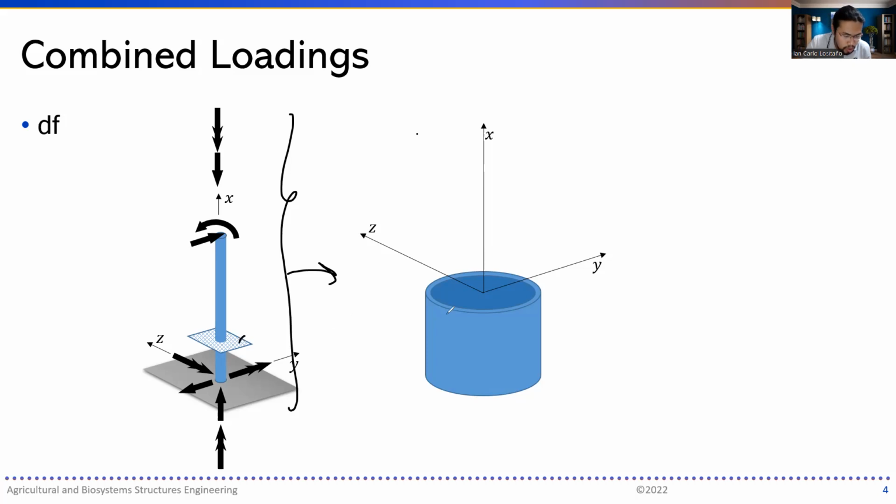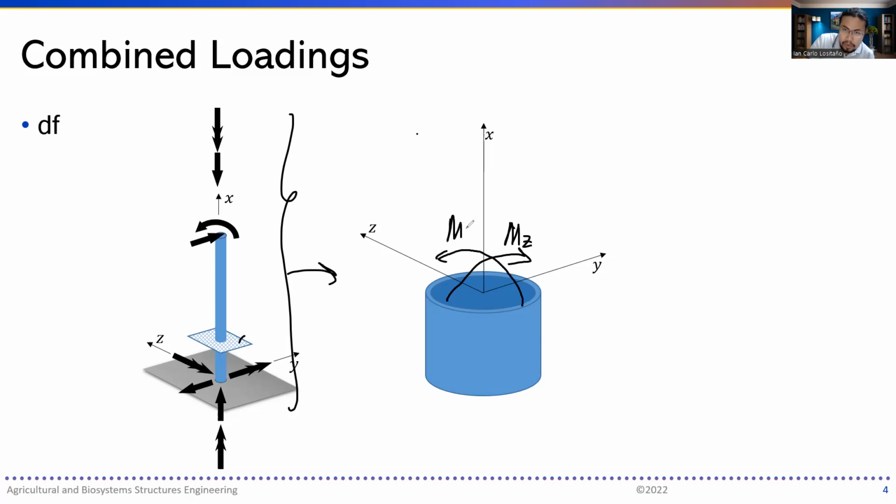So we have here the Cartesian coordinate XYZ system. And we have the tendency for the body to rotate or to bend. So there's torsional, there's moment. You have here a moment about z, this is the z-axis, and a moment about y, this is the y-axis.